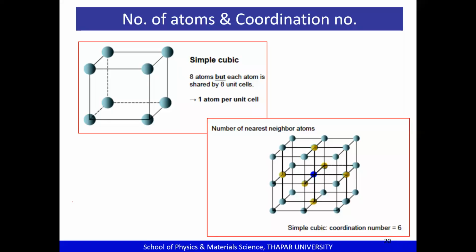Remember, you have to consider only those neighbors which are at the nearest possible equidistance. Otherwise, there are infinite numbers of lattice points or atoms making the solid, and you are not considering all of them. You are considering only those lattice points which are equidistant and nearest to the given lattice point. And that defines its coordination number.